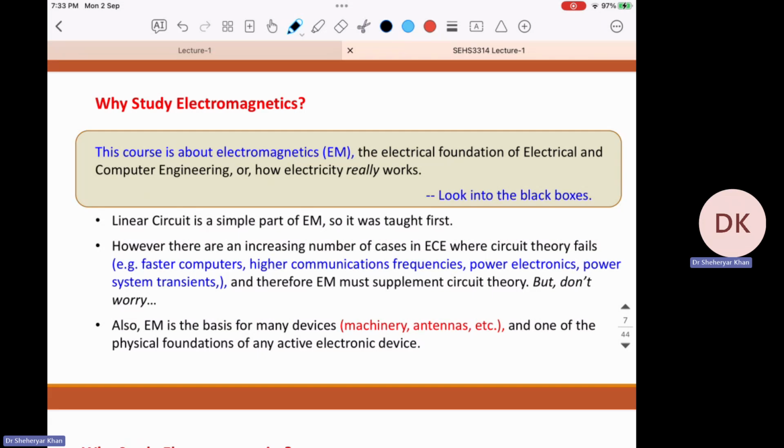We must go through the basic principles behind them. Therefore, you can consider that electric circuit theory is actually a derived form of electromagnetism. When you simplify or make some assumptions, then you can use electric circuit theory. But actually, you have to consider those practical concerns regarding electromagnetic circuits.